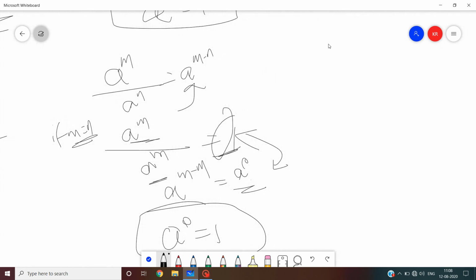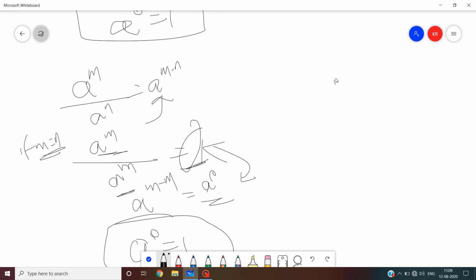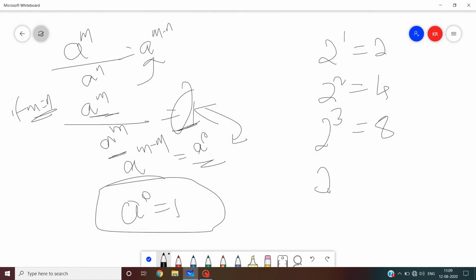Or I can do it like this. Let me take a small example: 2 power 1 gives rise to 2. Next 2 power 2 gives rise to 4. 2 power 3 gives rise to 8. 2 power 4 gives rise to 16.